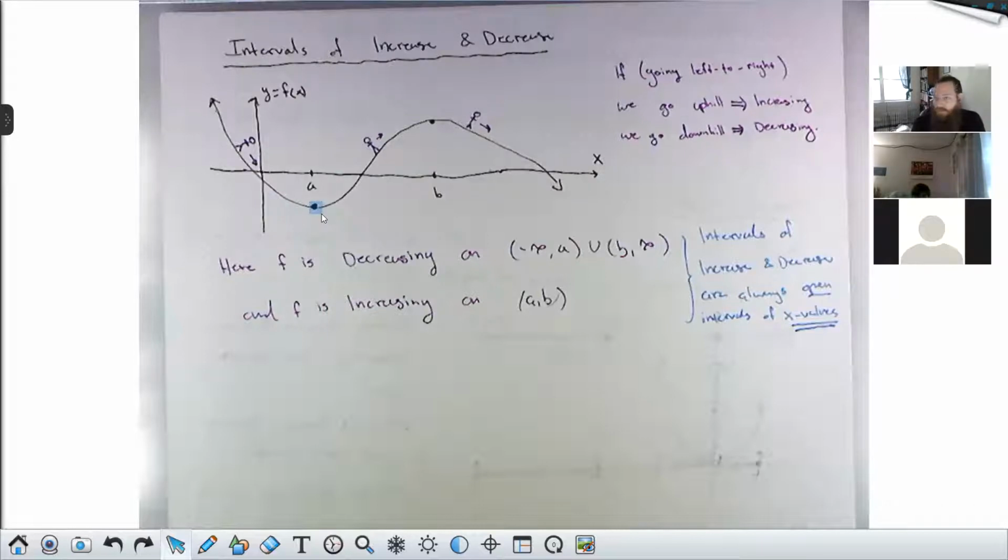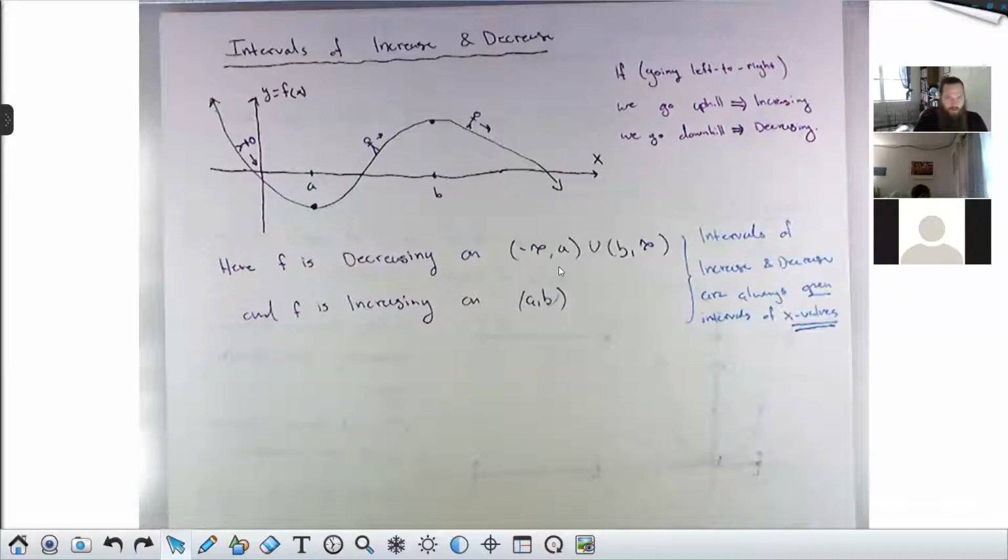I am briefly, just for this one moment, chilling with respect to my height. I was going downhill. I'm about to be going uphill, but right now I'm not doing either. So it would be wrong to say A is a part of the interval of decrease, but it would also be wrong to say A is a part of the interval of increase. So we always use open intervals because at the end points where you're transitioning, you're neither going uphill nor downhill.